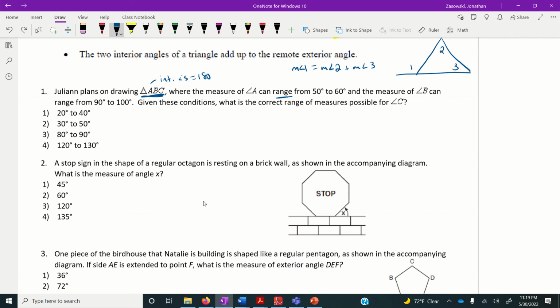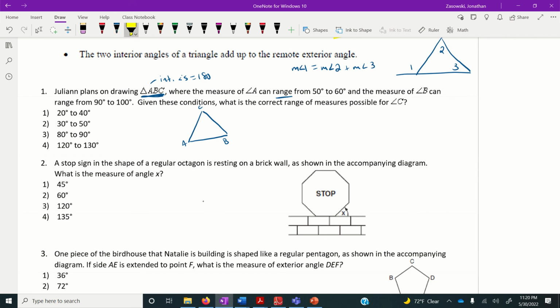And then if we made A and B as small as they can be, what would angle C be? So if we made these two angles, A and B, as big as possible, what's left for the third angle? As we increase these sizes, that's going to decrease what C is.